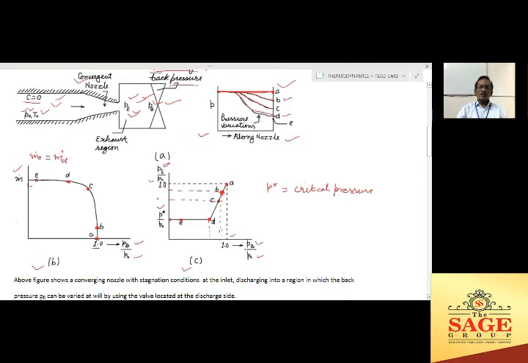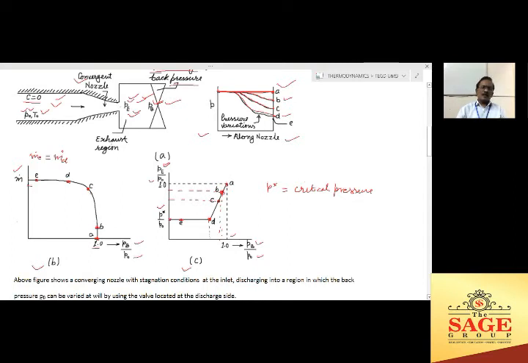So in this way, on decreasing the back pressure, there is a decrease in the exit pressure, and the mass flow rate continuously increases as we decrease the back pressure or the exit pressure.